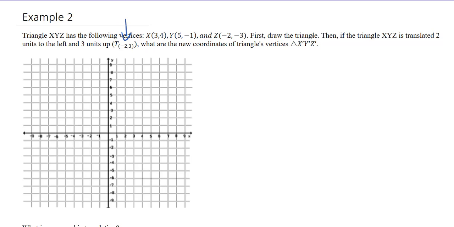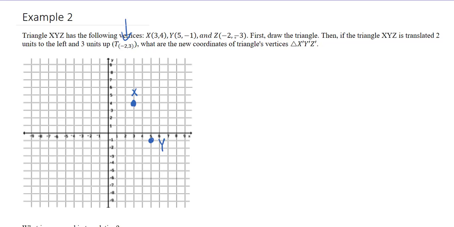We can go ahead and draw this out. Let's look first at the first triangle, the pre-image. X is (3, 4), so we go over 3, then up 4. Here's our X. Y is (5, -1), so we go over 5, down 1.